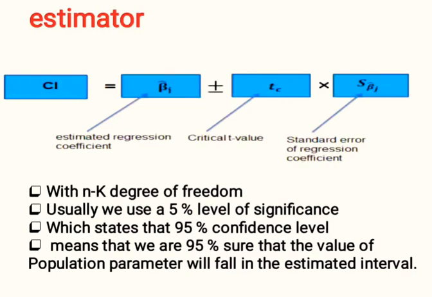If we know the population variance and standard deviation for beta 1 cap, or if the sample size is greater than 30, then we will not use the t critical values, but we will use z critical values to construct the confidence interval.